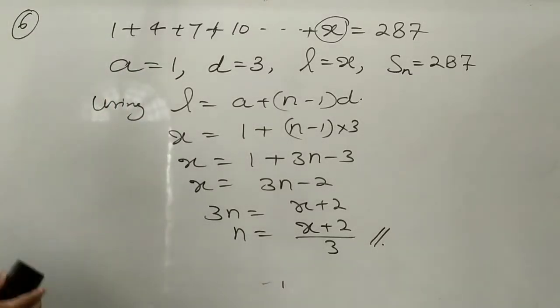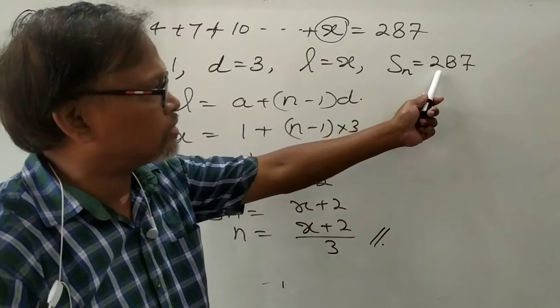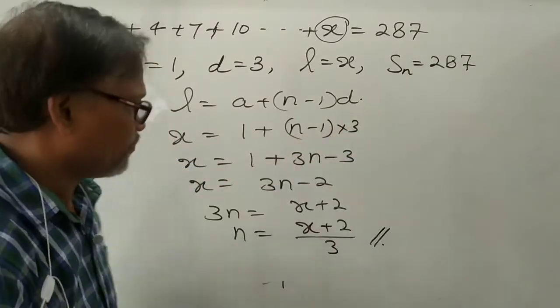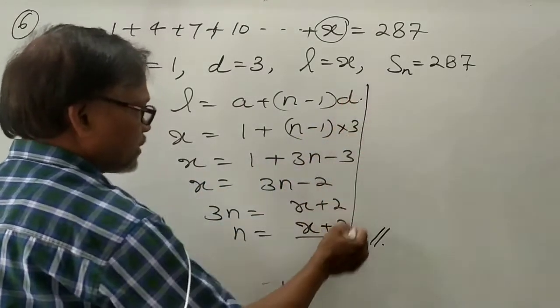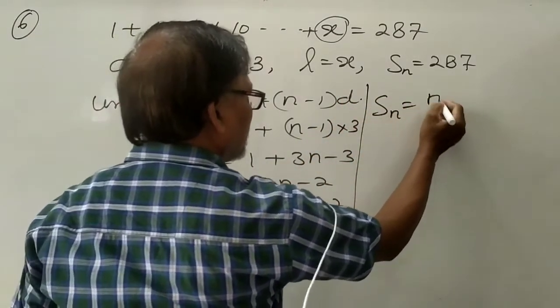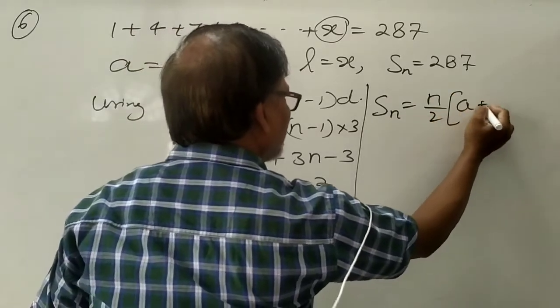So where will you put it? One quantity also remains, 287, Sn, so put it in the formula of Sn. What is the formula of Sn? Sn is equal to n by 2 into a plus l.